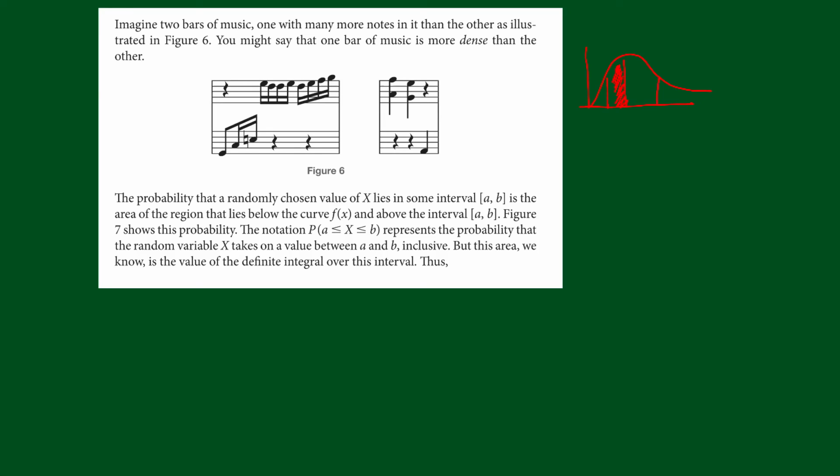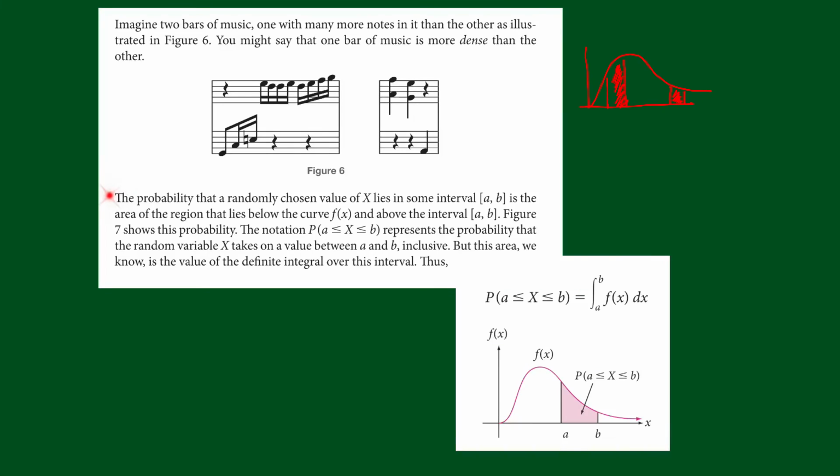This interval over here, let's make it even smaller. That interval of length 1, but only that much probability. So this bar of music has more notes than this one. So this might be more dense with music. This interval has more probability in it than does this interval. So this is more dense than this. So really this is a density function. We're taking a look at different densities.